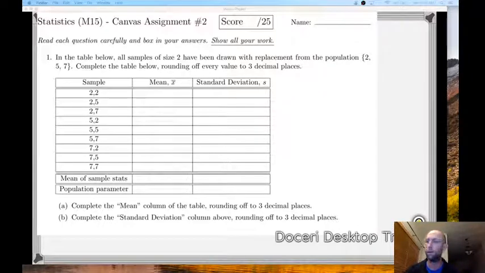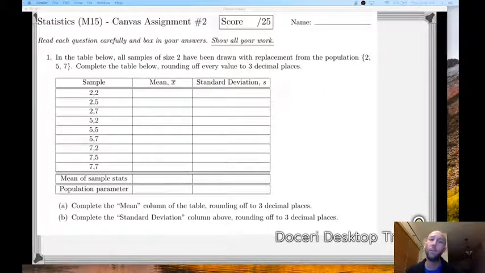In this first problem, we're going through and taking a look at the sampling distribution for the statistics of the mean and the standard deviation from this small population consisting of the values 2, 5, and 7. In this problem here, all samples of size 2 have been drawn with replacement from the small population of 3 values.